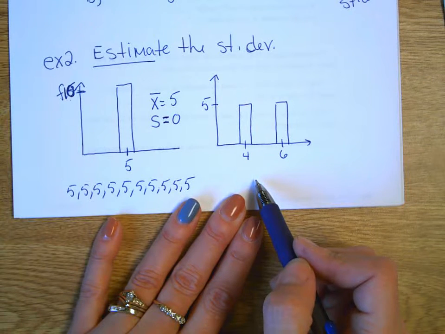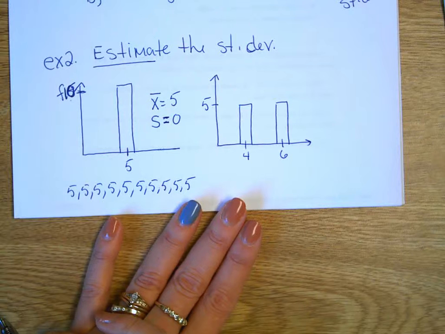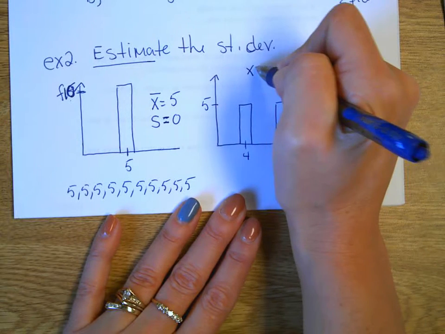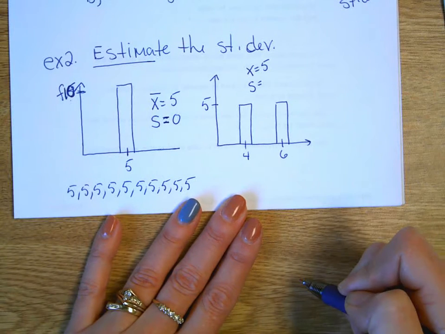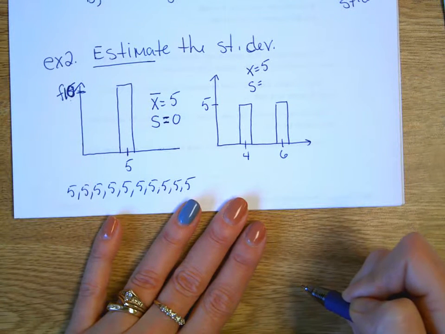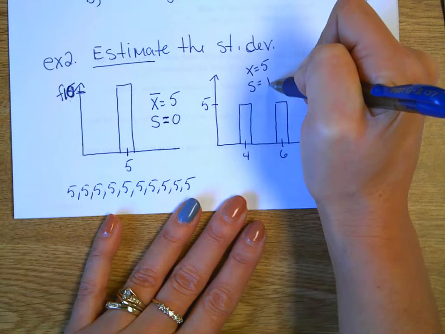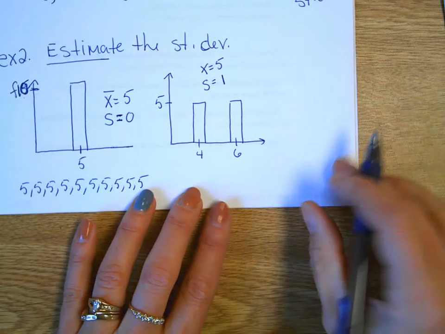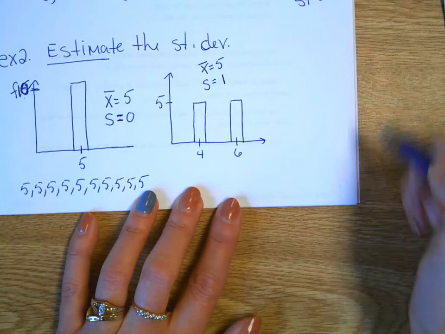What's the average? The average is 5. What's the standard deviation? 1. How far away are those values from the mean? They're all 1 away. Isn't there a line over the x? Oh, there should be. Okay.